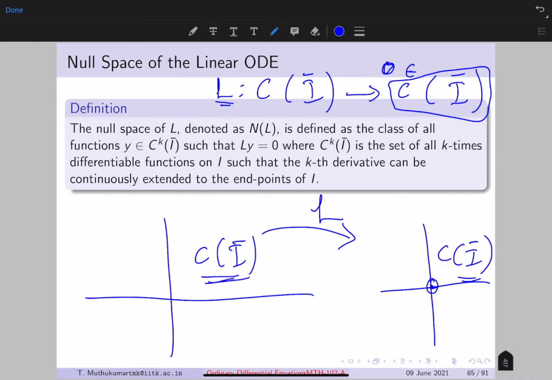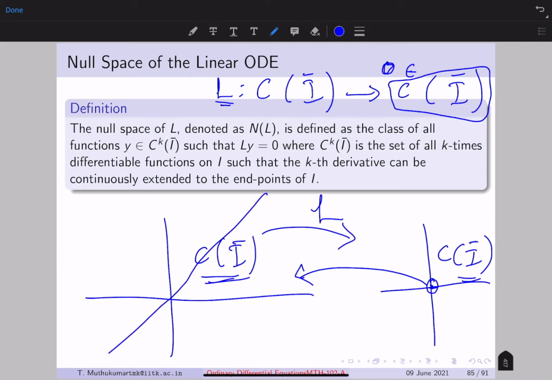Then you look at the inverse image of this 0, that will be some set here. And again, as I said, in the sense of vector space this is not the right picture. It will be some subset of C_I.